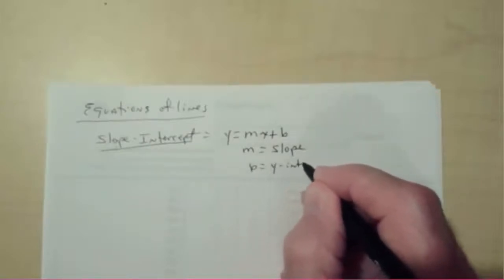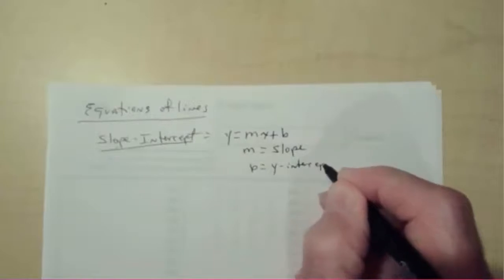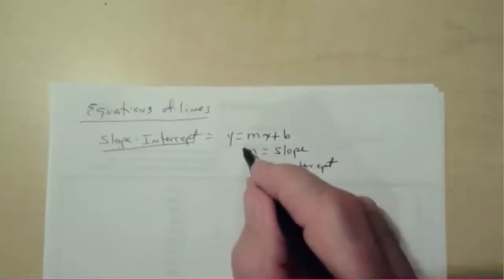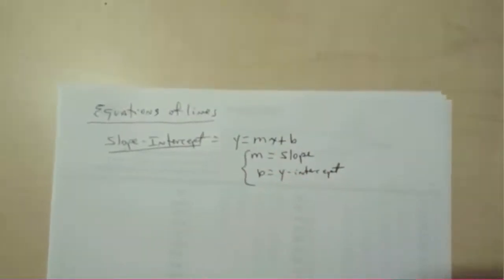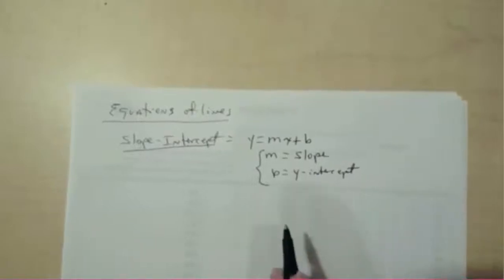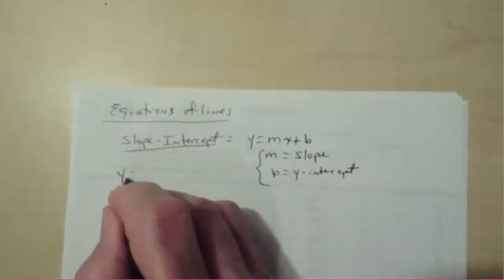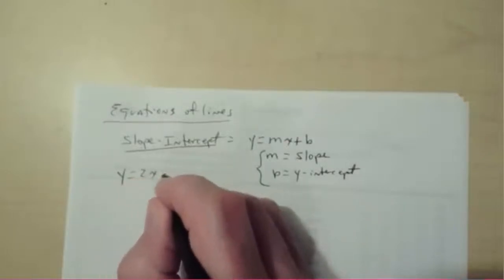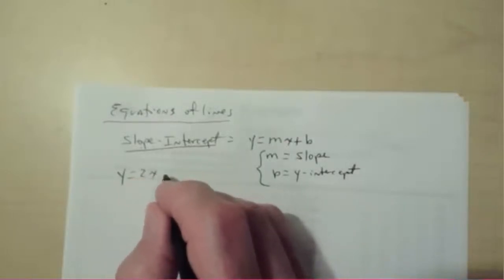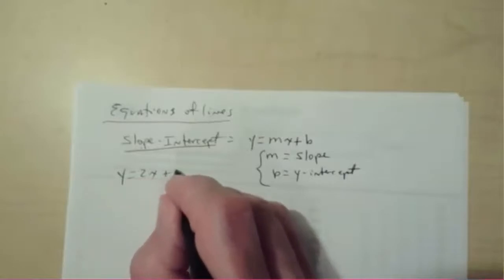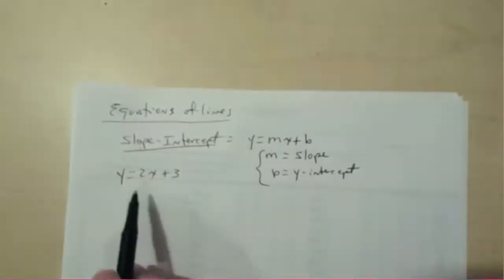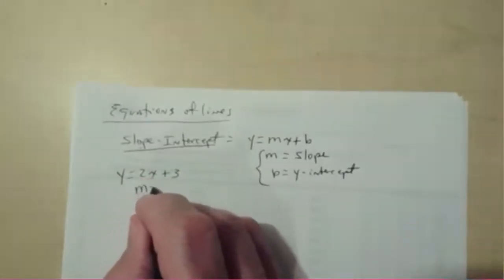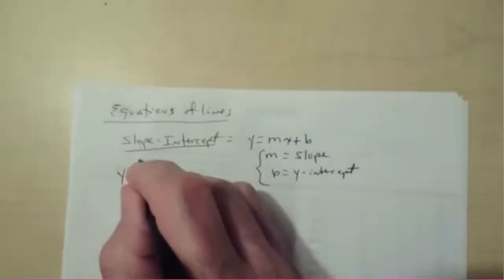So if we have y equals 2x plus 3, our slope is 2, okay, mx plus b, and our y-intercept is 3.